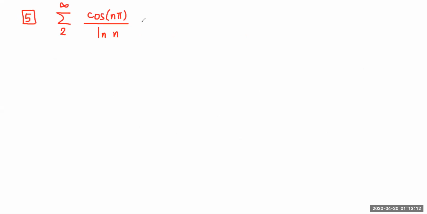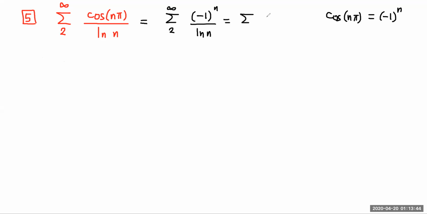The last example here, cosine n pi. Remember that cosine n pi is the same as minus 1 to the power n. We explained this in some previous lessons. So this is equal to the sum of minus 1 to the power n over ln n from 2 to infinity. So this is the sum of minus 1 to the power n times a_n from 2 to infinity.